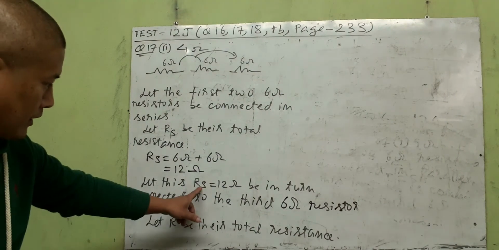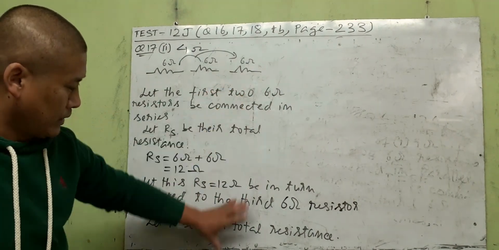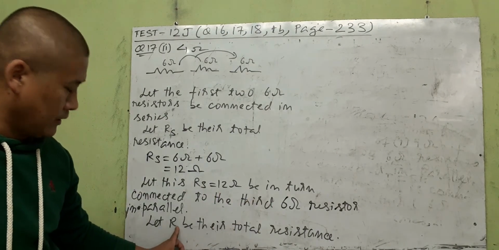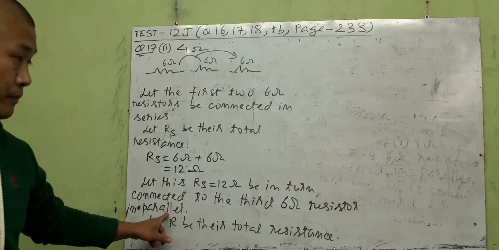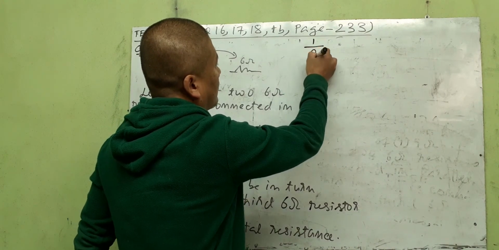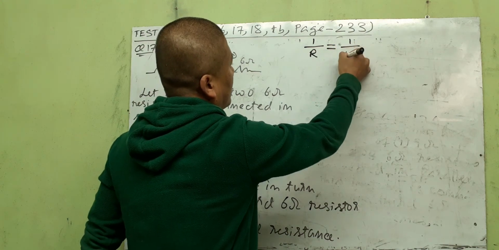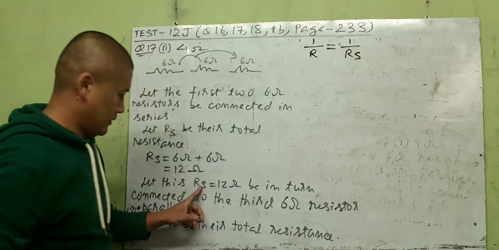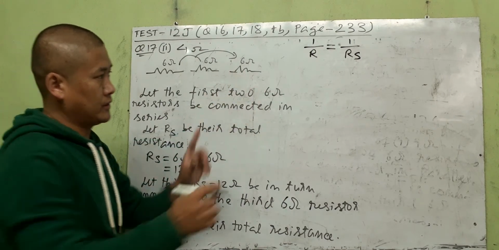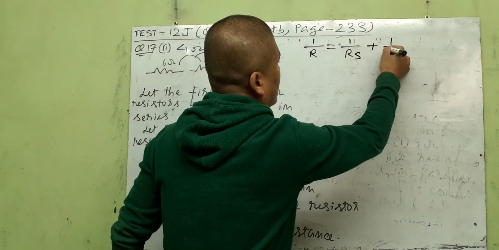So this 12 is connected to the third one in parallel. Then the total of RS and 6 is R. Since they're in parallel, the formula will follow: 1 by R, the reciprocal of total, is 1 by RS, the first one, plus 1 by 6 ohms, the third 6 ohm resistor.